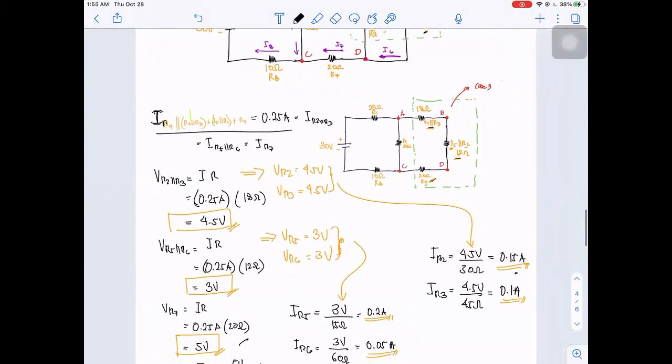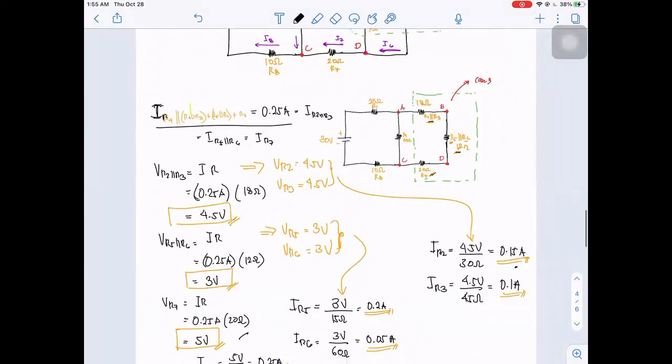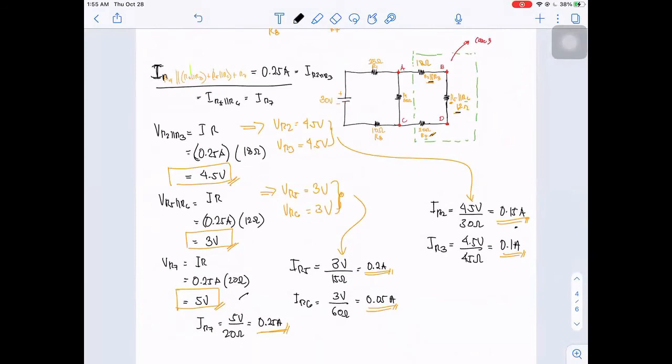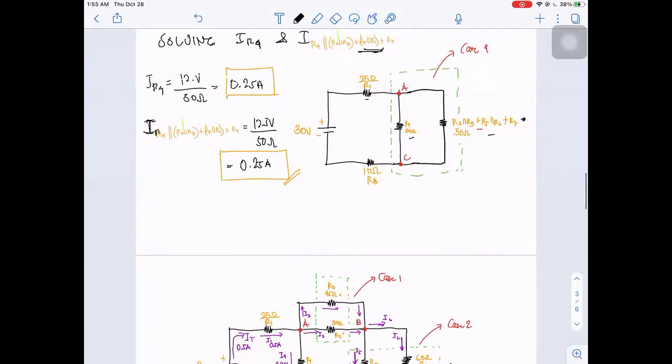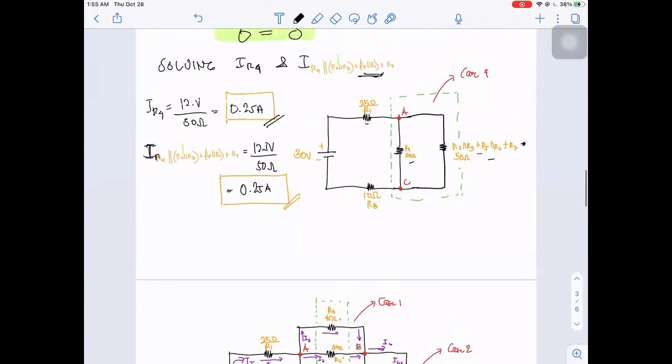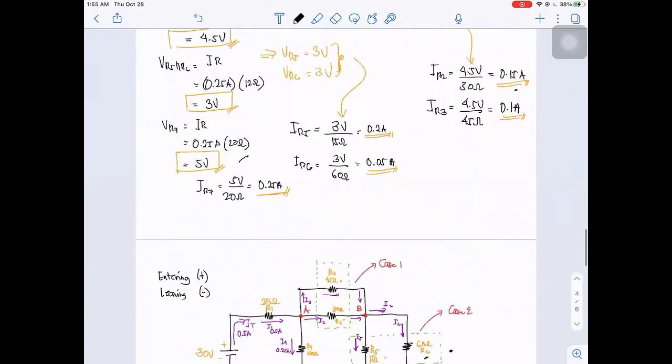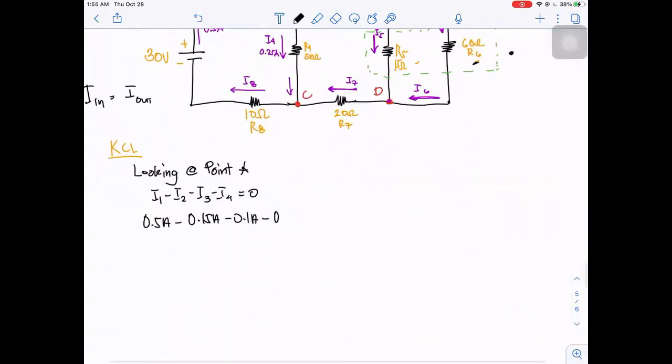So I4 is 0.25 ampere. Okay, so let's substitute the value 0.25 ampere. By the way, ampere, not milliampere, is equivalent to 0. So we have 0.5 minus 0.15 minus 0.1 minus 0.25.